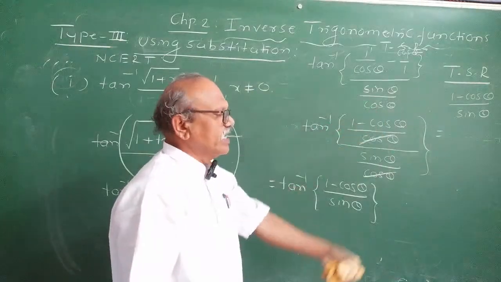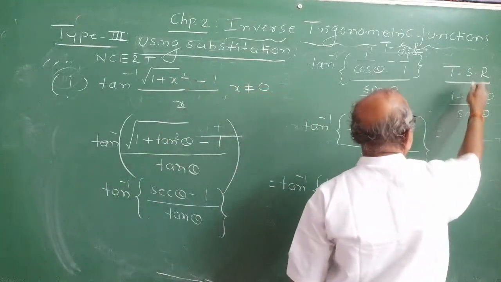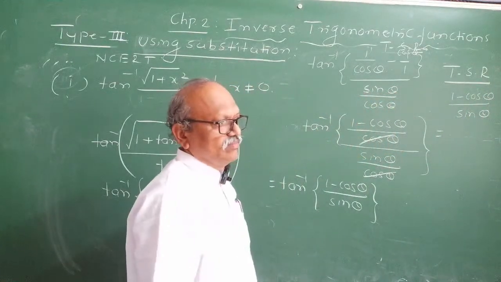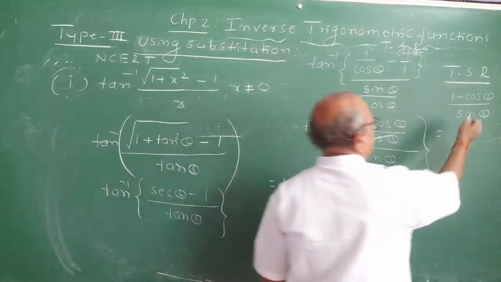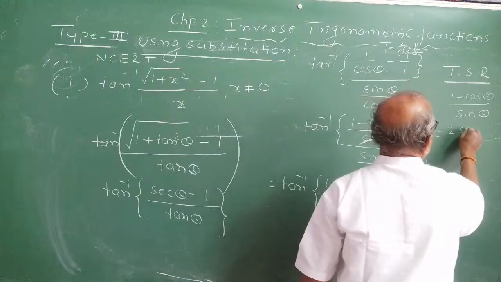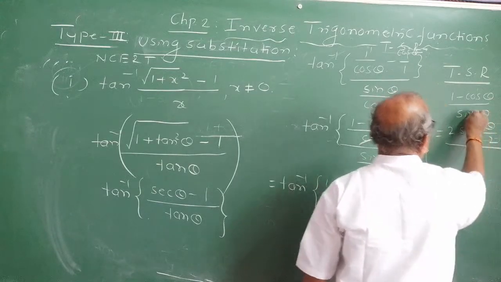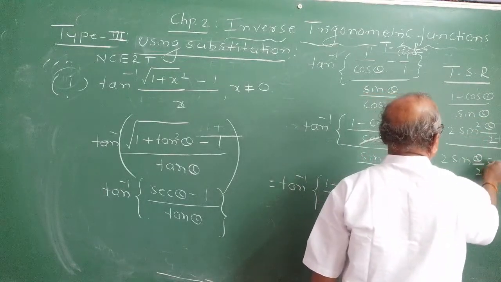You can even do it in the rough in the exam and show the examiner. And remember this as a standard identity: 1 minus cos 2 theta is equal to 2 sin square theta, the half angle formula. Check in your list: 1 minus cos theta is 2 sin square theta by 2. Sin theta can be written as 2 sin theta by 2 into cos theta by 2.